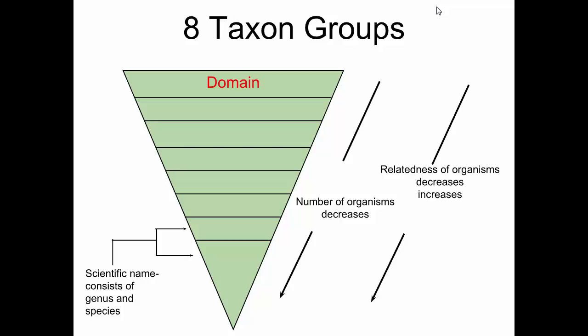It's a very, very big group. There's only 3 domains; all living things go into one of these 3 domains. The next largest group that we talked about is kingdom. Again, it's a huge group. There's 6 kingdoms of living things. And as we continue to go down further, after kingdom comes phylum.